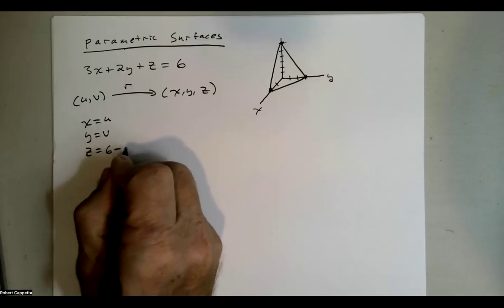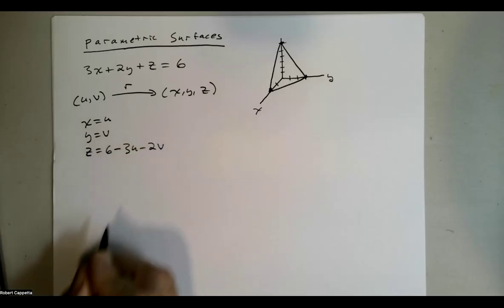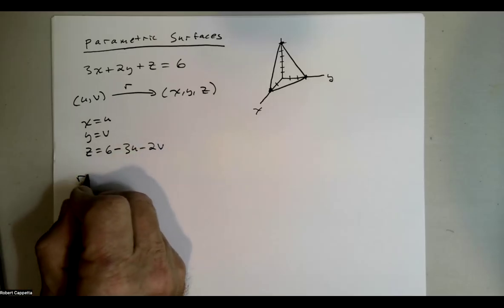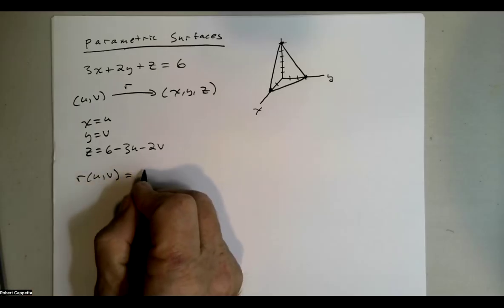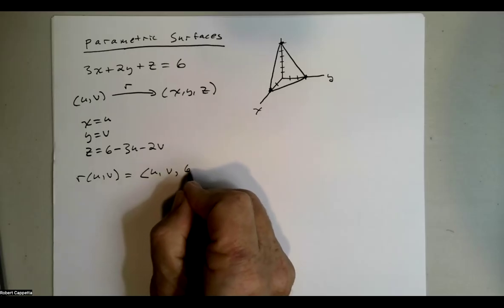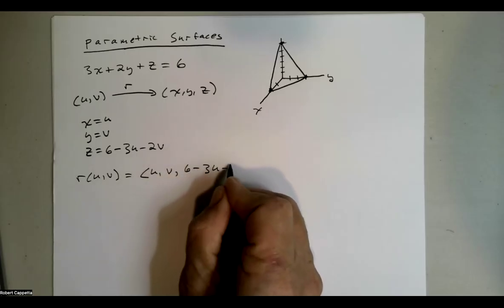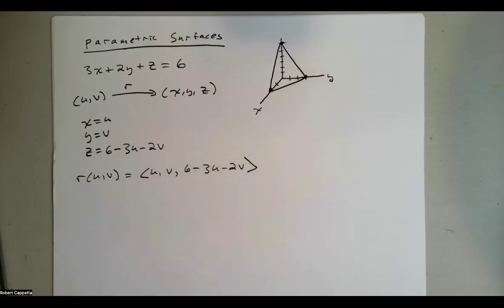So Z is 6 minus 3U minus 2V. So the way we're going to write this using this notation, R of U comma V is U comma V comma 6 minus 3U minus 2V. This is how we're going to express this as a parametric surface.